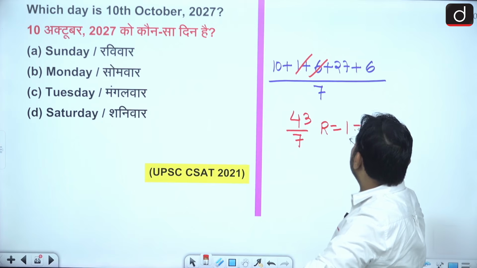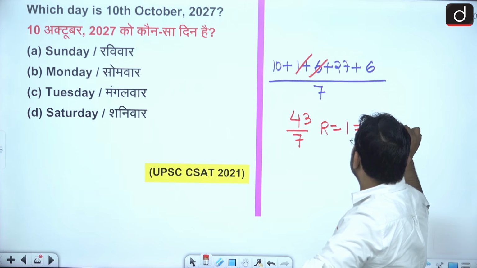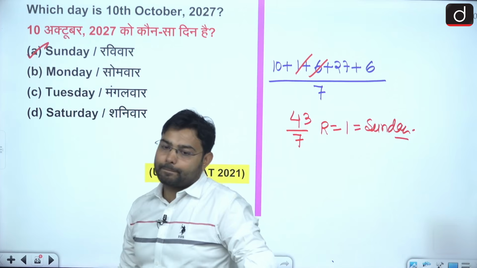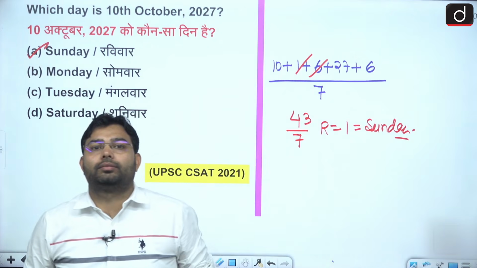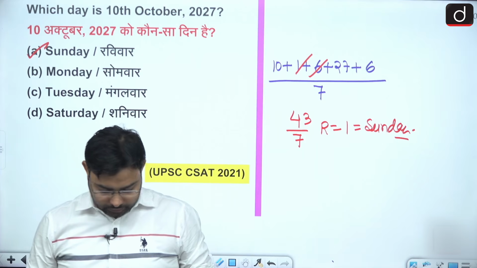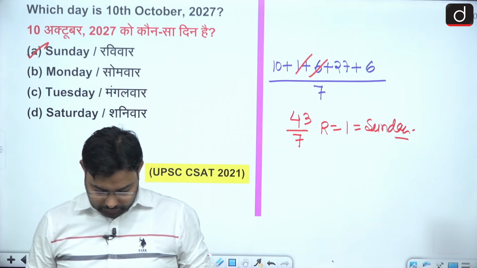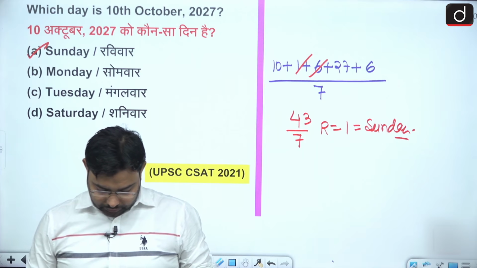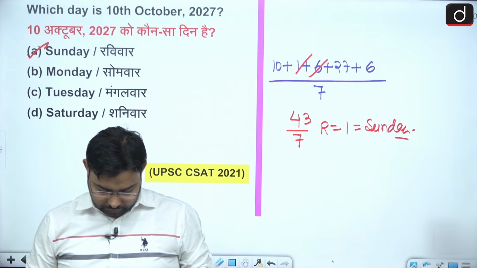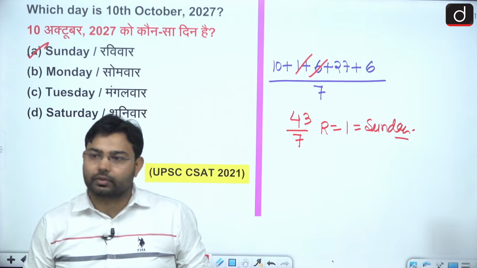Remainder is 1, and first day is Sunday. Clear?